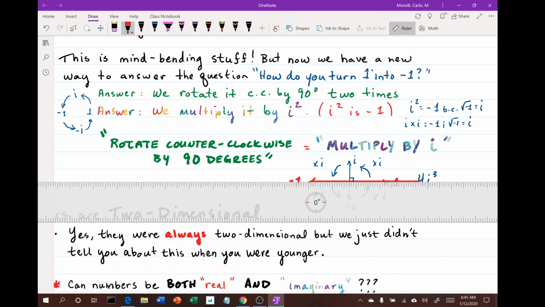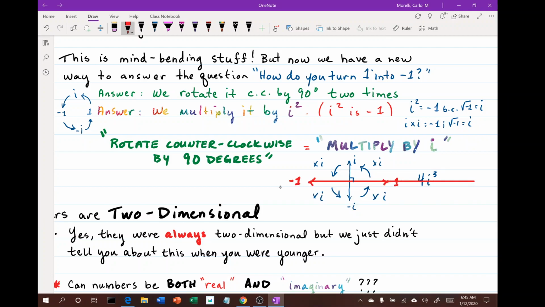Let's just call 4 right here, and you'd circle way up here to be at 4i, and then you'd circle way over here to be at -4 back on the real number line.